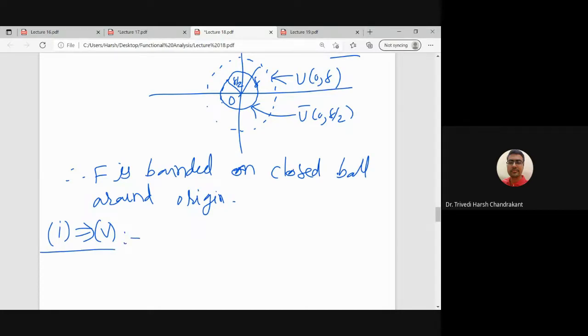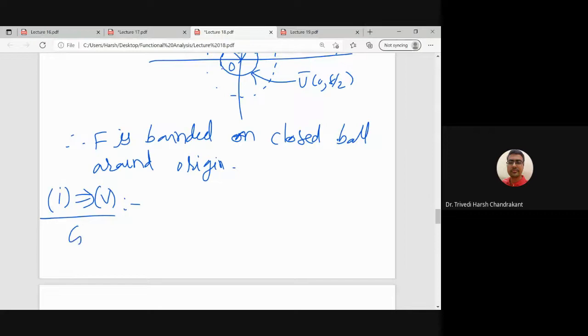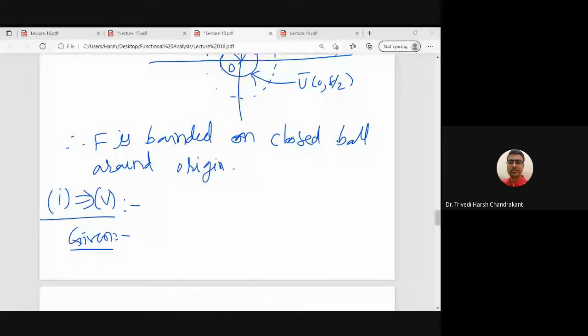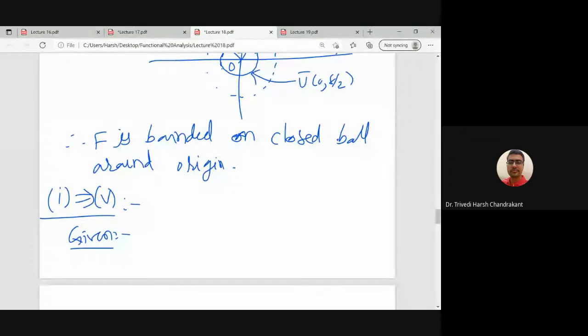So first condition, what is given? Can anyone tell what is given? We are given f is bounded on a closed ball around 0. So which condition will we take? F is bounded means there exist some beta, a positive number, and we need 2 numbers because we need the closed ball also.